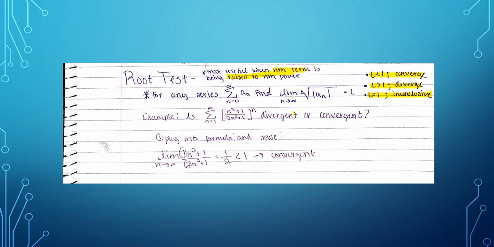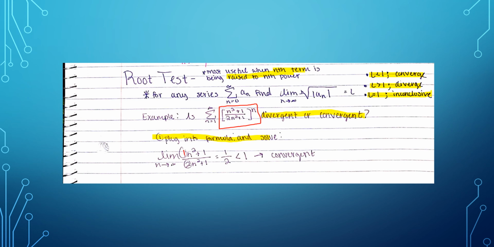So our example is asking if the series from n equals 1 to infinity of n squared plus 1 over 2n squared plus 1, all to the nth power, is divergent or convergent. All we have to do is plug it into the formula and solve. So when we take the nth root of this series, we're left with n squared plus 1 over 2n squared plus 1.